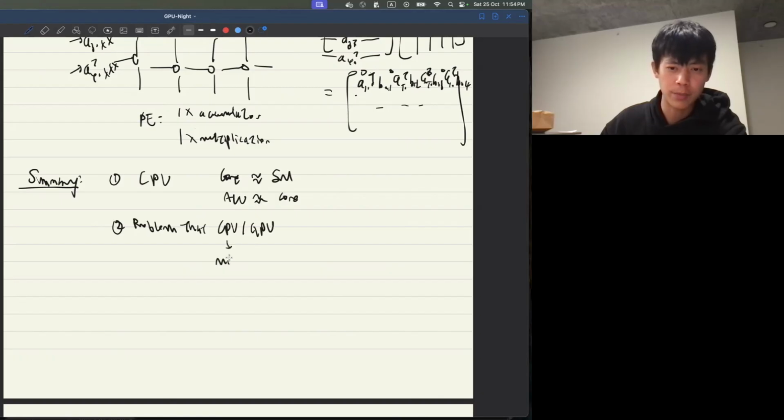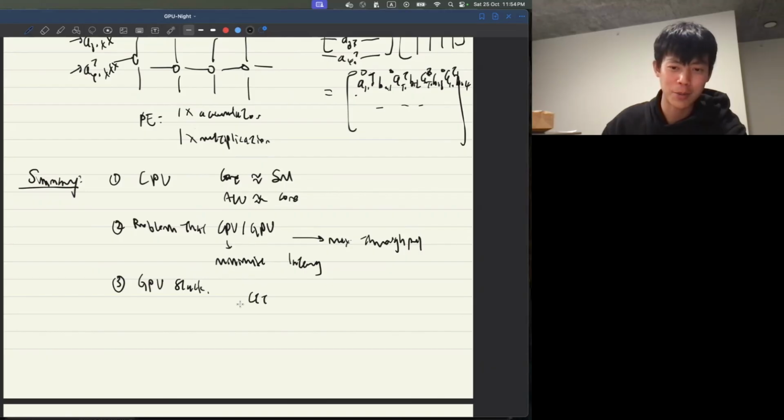We talk about the problem that CPU and GPU are trying to solve. This is to minimize latency. This is to maximize throughput. I gave pretty illustrative examples for those, so I hope that's enlightening. Then thirdly, we went through the GPU stack. It is the same as the CPU stack.